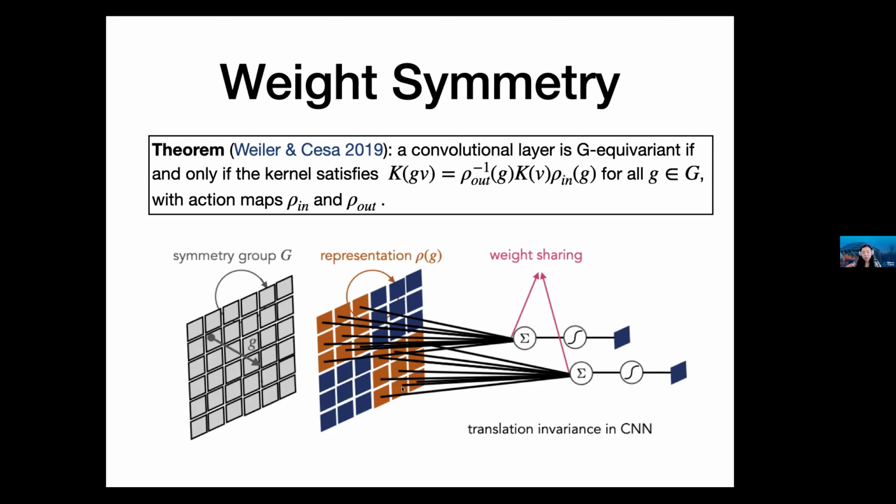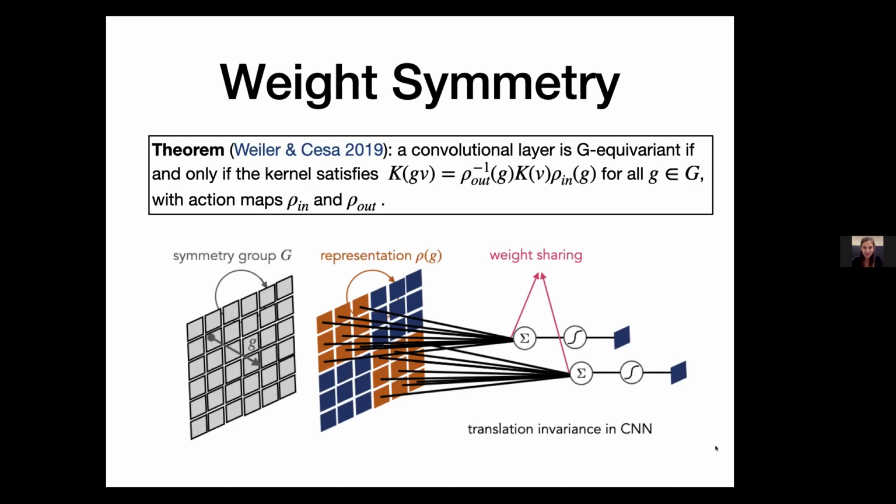So that's the general idea of translation symmetry for convolutional neural networks through weight sharing. But in general, we can construct convolutional layers that are more flexible than translation invariance by constructing a different type of weight sharing scheme, such that the neural network itself has built-in symmetry. So that's the idea.